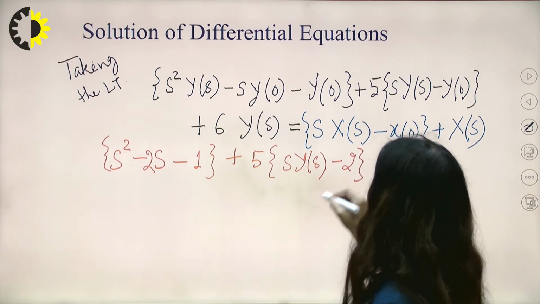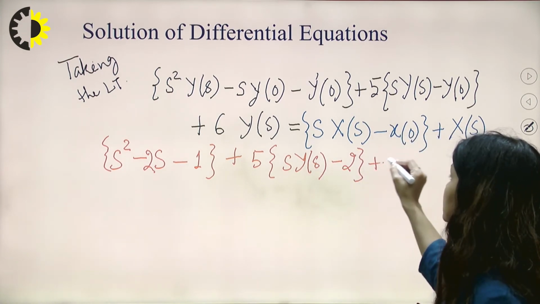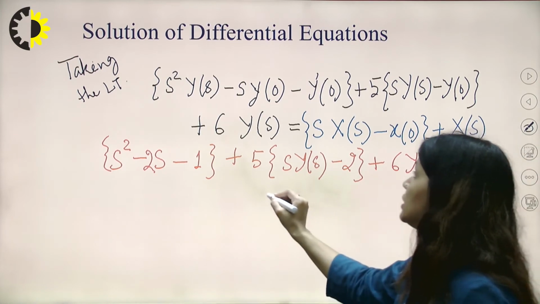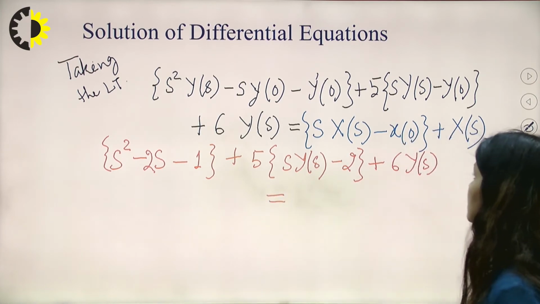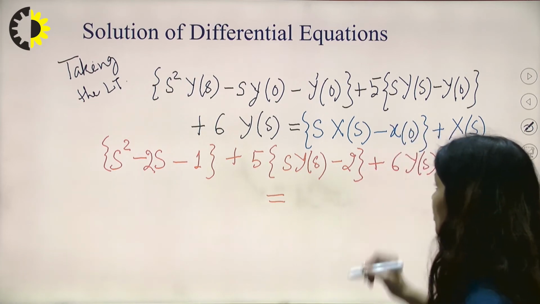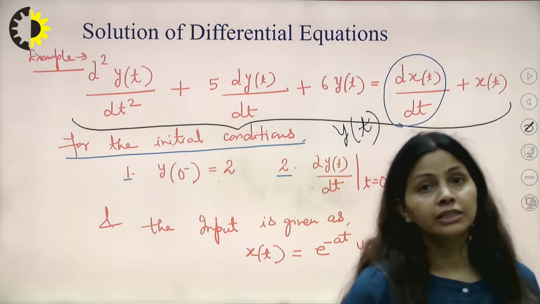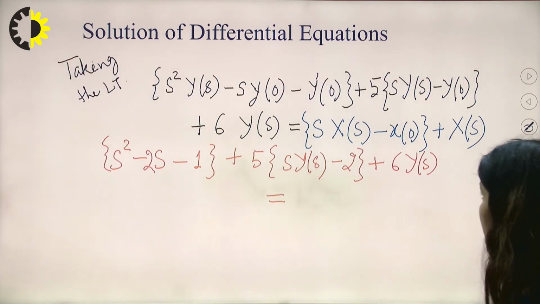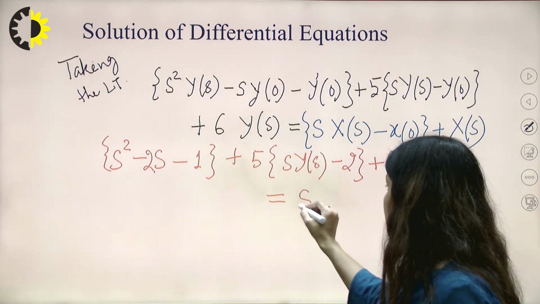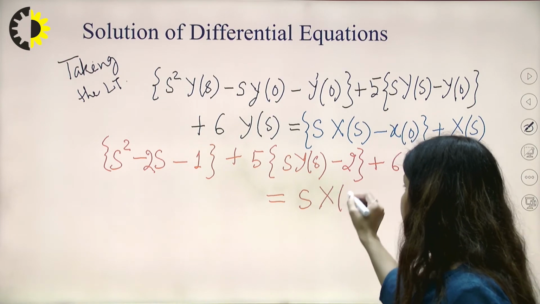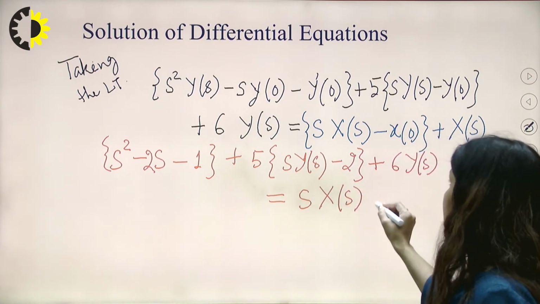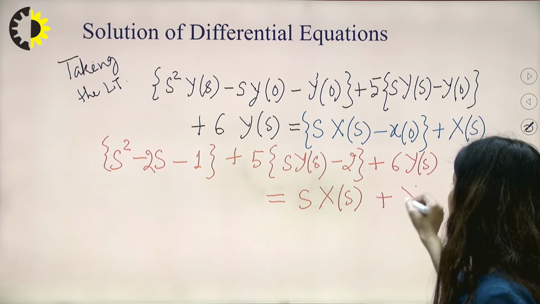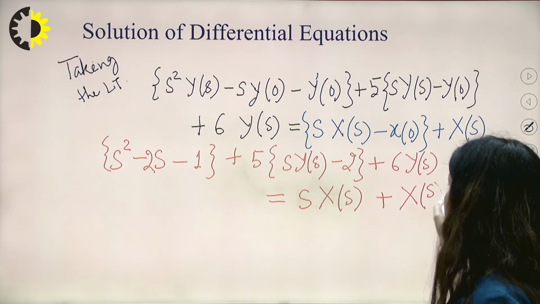Then 6 of Y(s), and that is equal to, this is 0 because there is no such initial condition given for x(t), so we put X(s), minus 0, which we don't need to write.